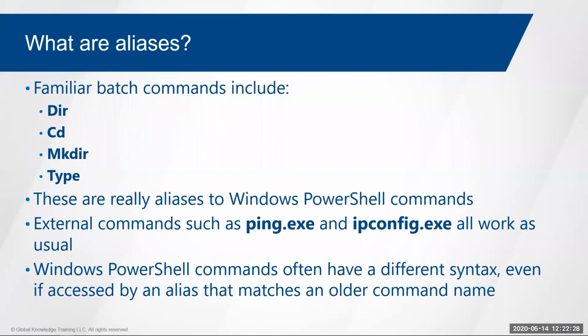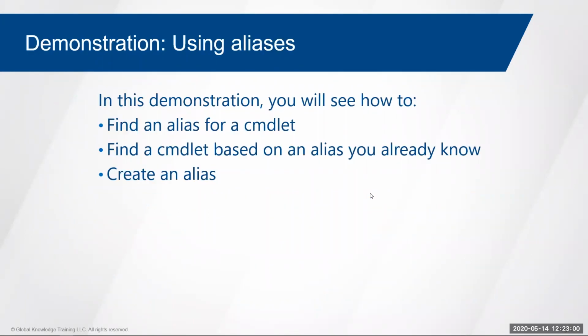For those of you who've been working in the command line for years and are new to PowerShell, this allows you to run old commands you're familiar with: your pings, your ipconfigs, trace routes, all that good stuff. These are aliases that refer back to the standard commands we previously used. So we can continue using them, but we should really start looking at which PowerShell commands they represent and try getting familiar with those as well.